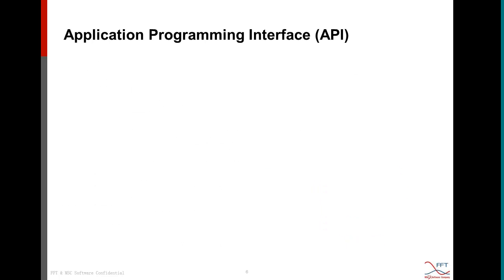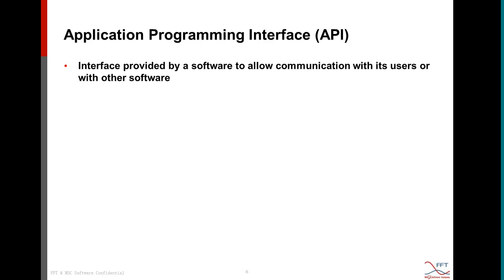So being familiar with the graphical interface now, let's look at exactly what the Actran API is. So the Actran API is an interface, or in other words, a language that allows communication of Actran with its users or with other software.